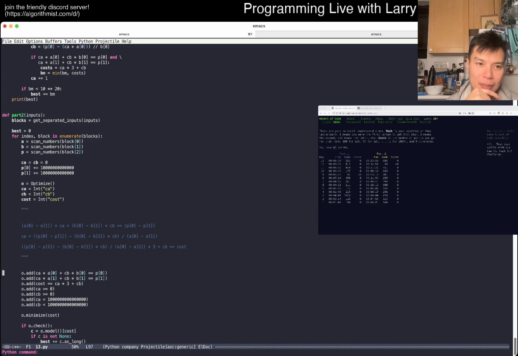I was silly. And I was slow on part 1 because I copy and pasted and I forgot to change certain things. And here we're trying to minimize the cost. I don't even know how to do that, honestly. I guess this is a minimization constraint, maybe?